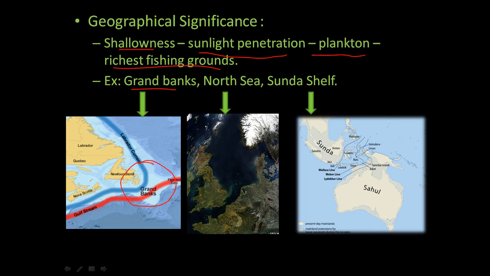Secondly, we have the North Sea. This is Great Britain, this is Norway, and this is the North Sea. Then we have something called the Sunda Shelf. This is Indonesia, and the shelf near Indonesia is called the Sunda Shelf.